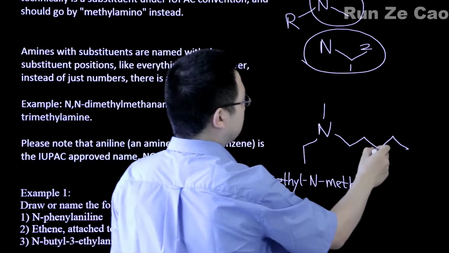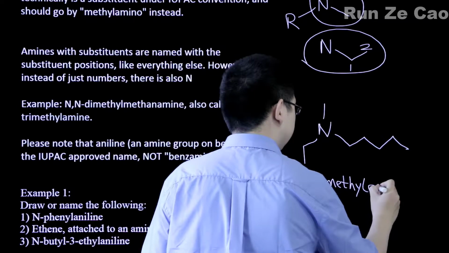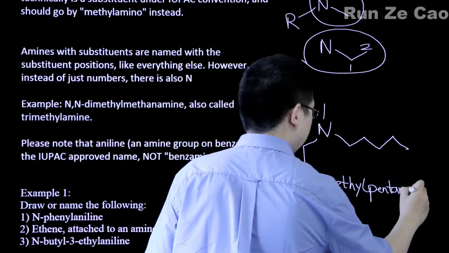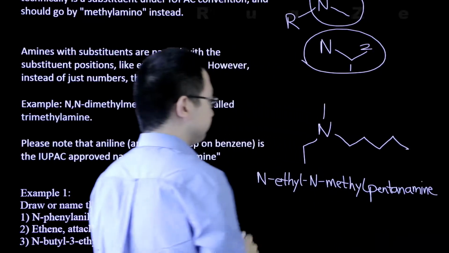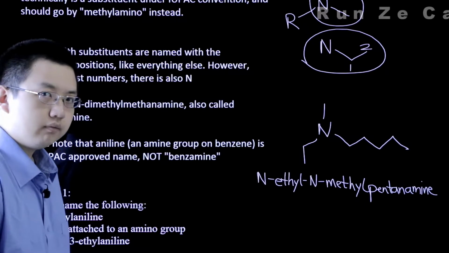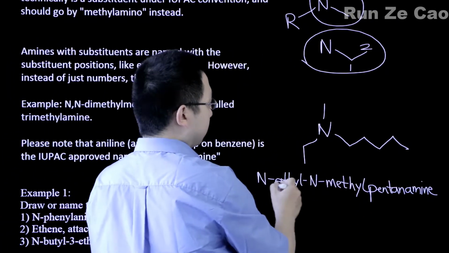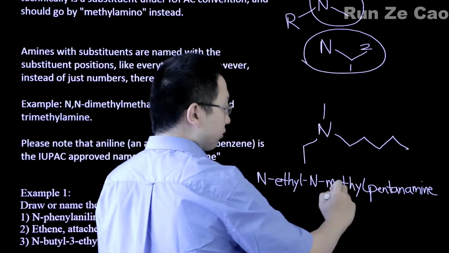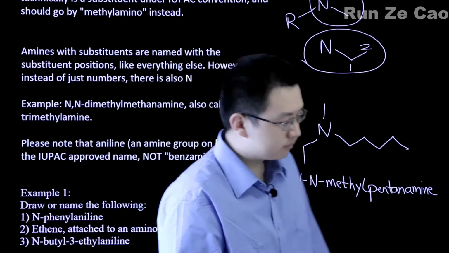And what is this? 1, 2, 3, 4, 5. So, pentanamine. Now, if you had a substituent over here, that would be, instead of N-ethyl, N-methyl, it would also include a 3 whatever in the appropriate alphabetical position.